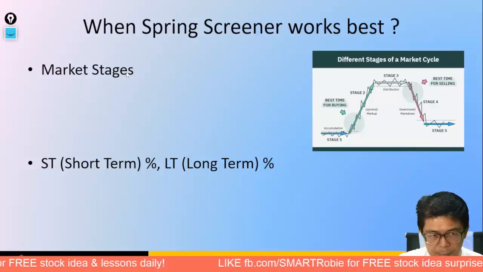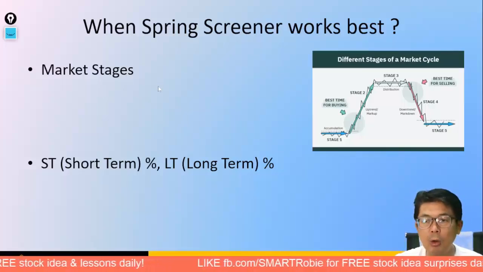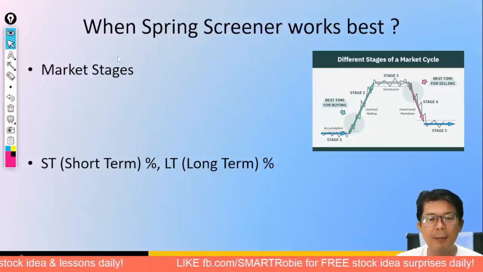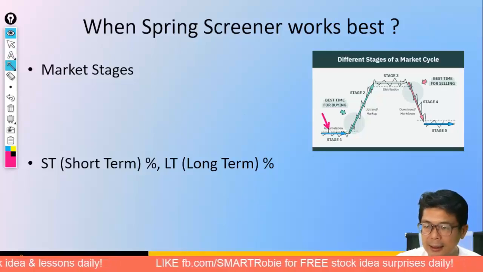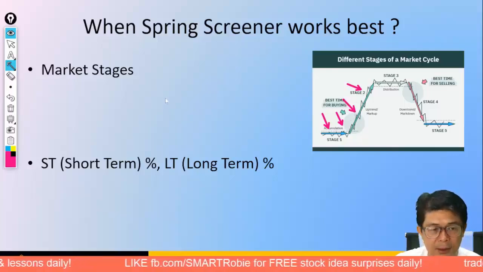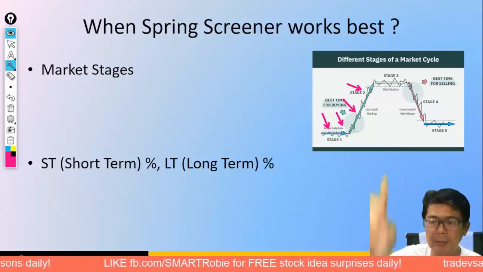Okay, and the last advanced screener that we'll talk about will be the spring. Now what is a spring? Springs you will typically find in stage 1 and stage 2. The best springs will work in stage 2. After they mark down, it will spring up.